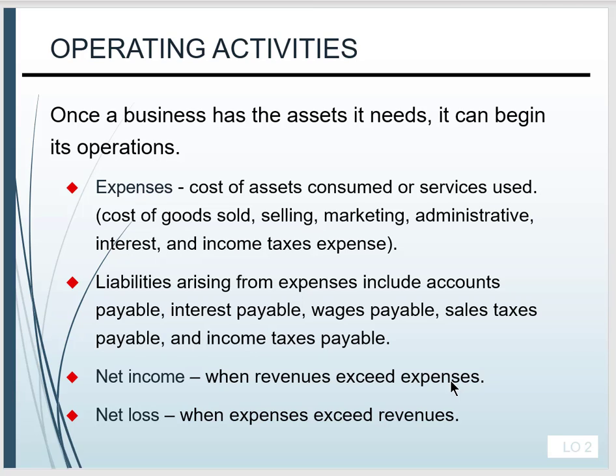But we want to make sure that we monitor and control the amount of expenses in the company. Of course, we have liabilities that come from some of these expenses: accounts payable, primarily for things like buying inventory. And in the end, we want to know whether we have a net income or a net loss.